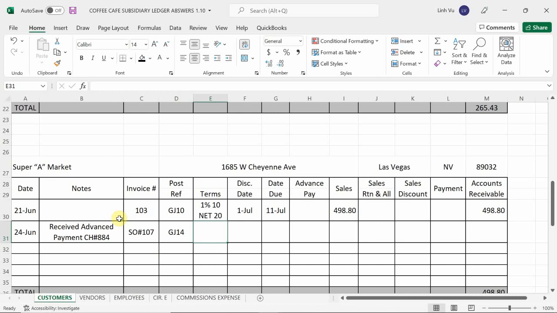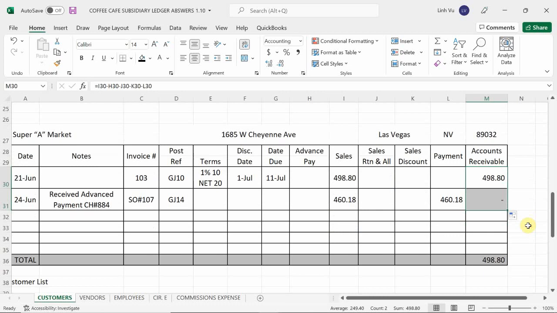Now, again, this is going to work similar to a prepayment. So if you remember, the sales order had an invoice balance of 460 and 18 cents. And in this case, Super A paid for it, right? So then this leaves us like this, okay?